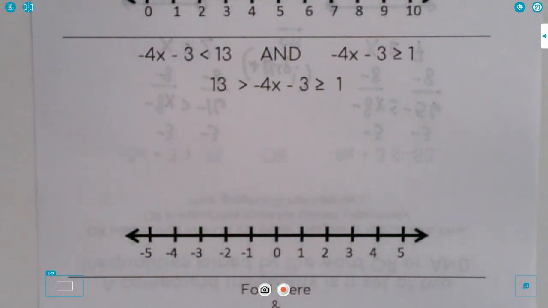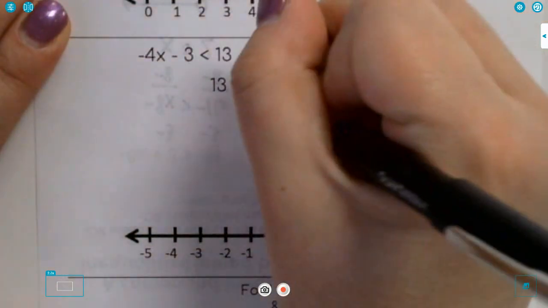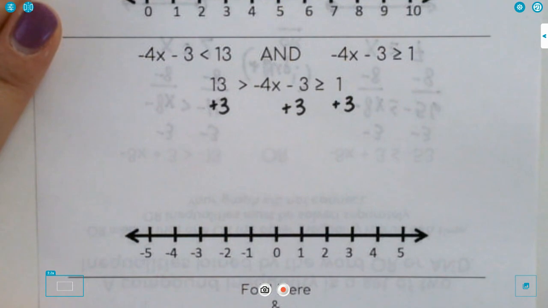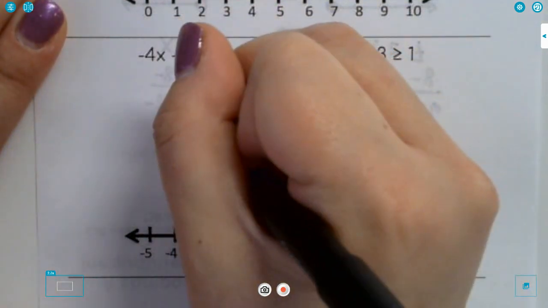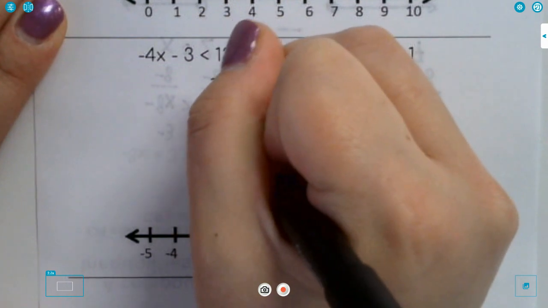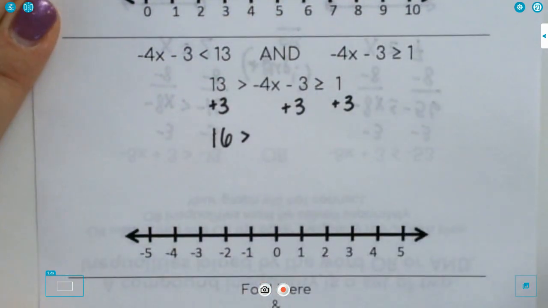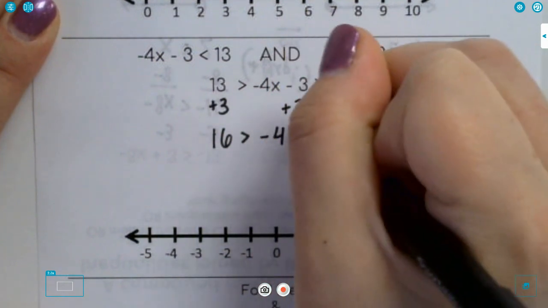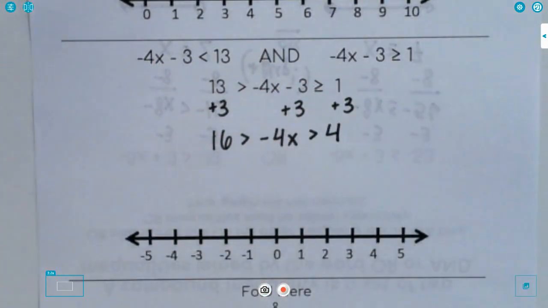So we're going to start by adding 3 everywhere. Add 3 here, and here, and here. I get 16 is greater than negative 4x is greater than 4.